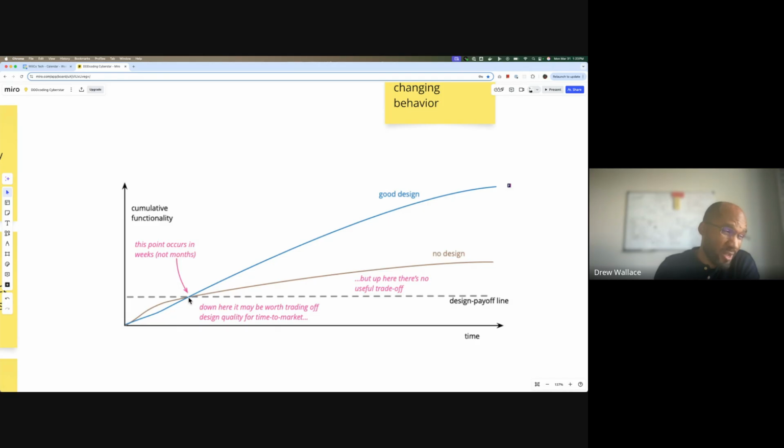But there comes a point where you lose having no design, and having good design accelerates you. So down here it says below this point, the trade-off is worth it. Let me just go fast. I don't need to worry about design. Let me just ship features and move fast, right? But past this line, we need to pay attention to good design.